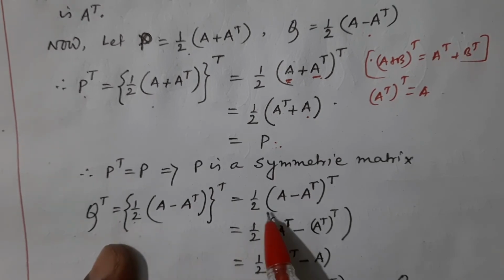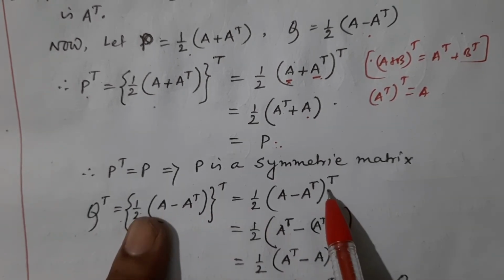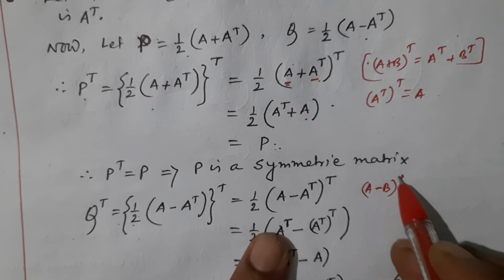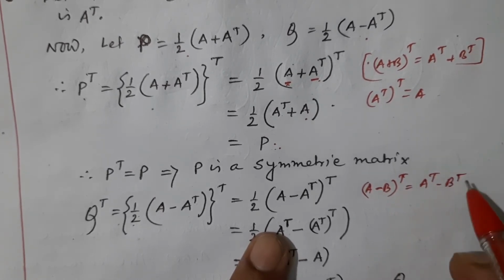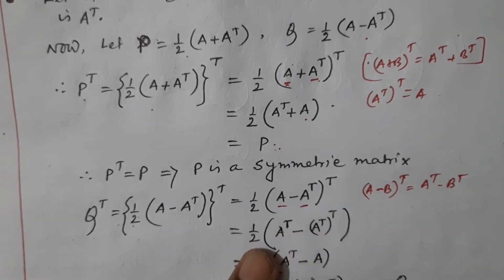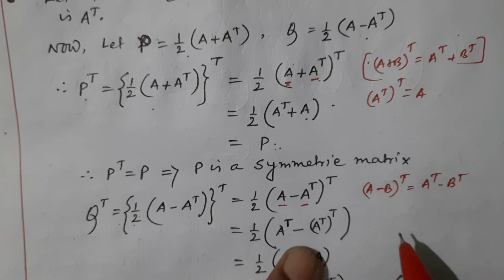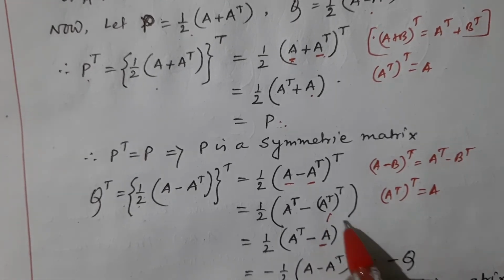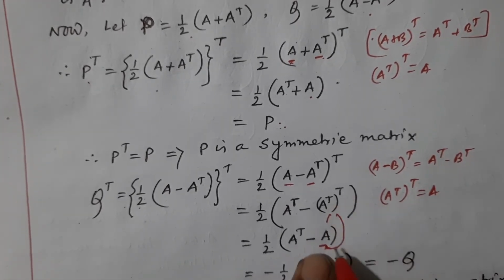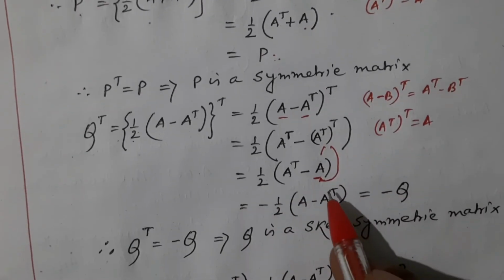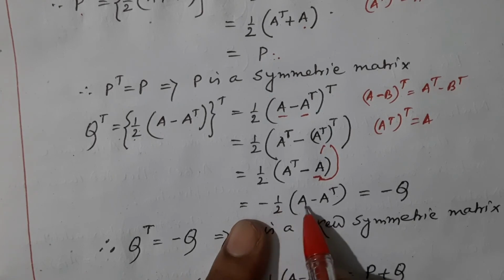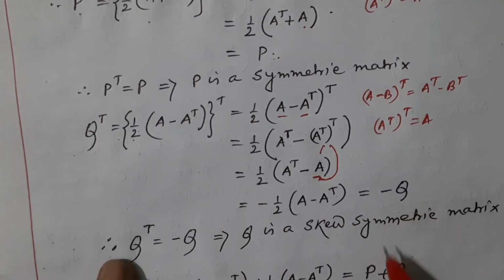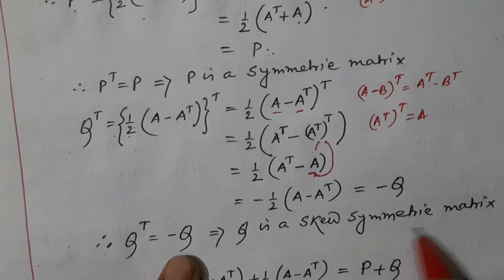The half is a constant outside the transpose, and we apply the rule: (A minus B) whole transpose is equal to A transpose minus B transpose. So this is A and this is considered as B. Then we get A transpose minus A transpose's transpose, and we know that A transpose whole transpose is equal to A. If we take minus common, we get minus half into (A minus A transpose), and that is equal to minus Q. And therefore Q transpose is equal to minus Q. This implies that Q is a skew symmetric matrix.